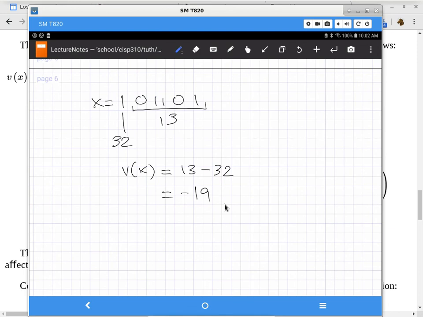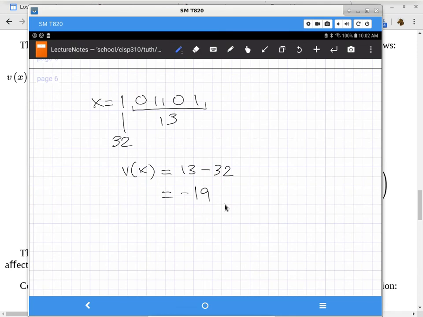Minus 2 to the power of 5 in this case, because m is 6, so m minus 1 is 5. So we subtract 1 times 32, which is 32, from the sigma value, and we get negative 19. So what this means is, using the signed interpretation, the 6-bit number 101101 represents the quantity of negative 19.